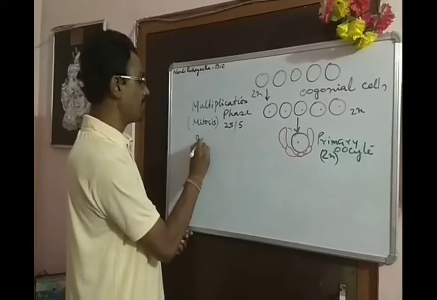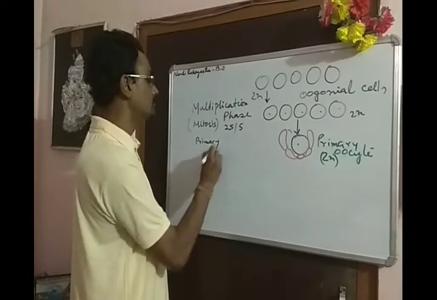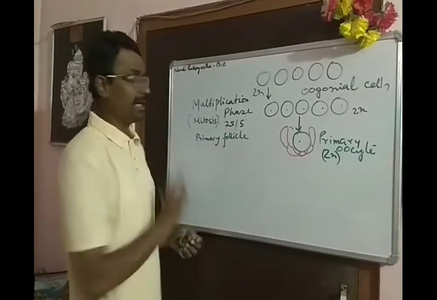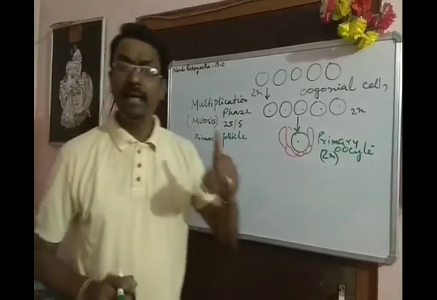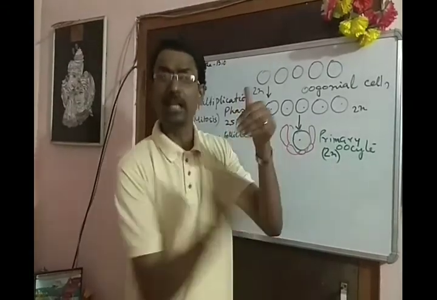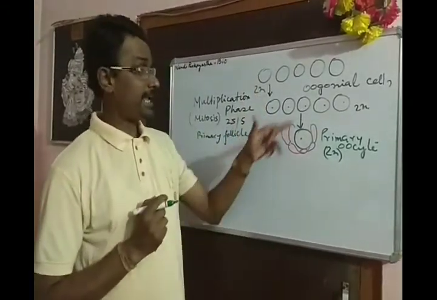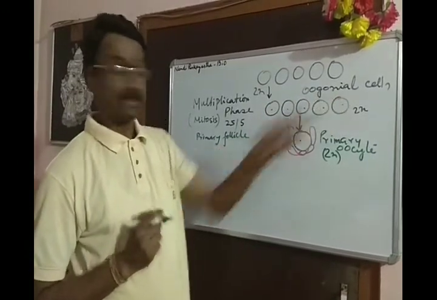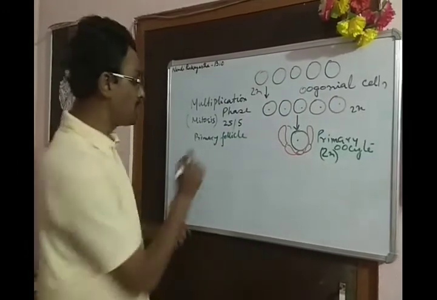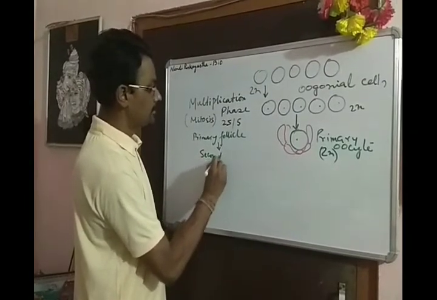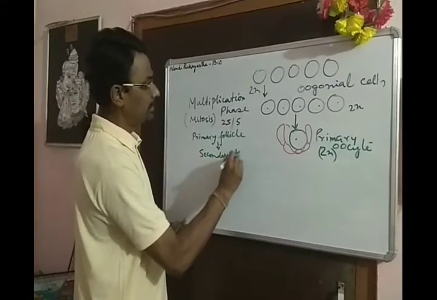See, primary follicle. The primary follicle then develops another granulosa layer, granulosa cells, which leads to the formation of the secondary follicle.